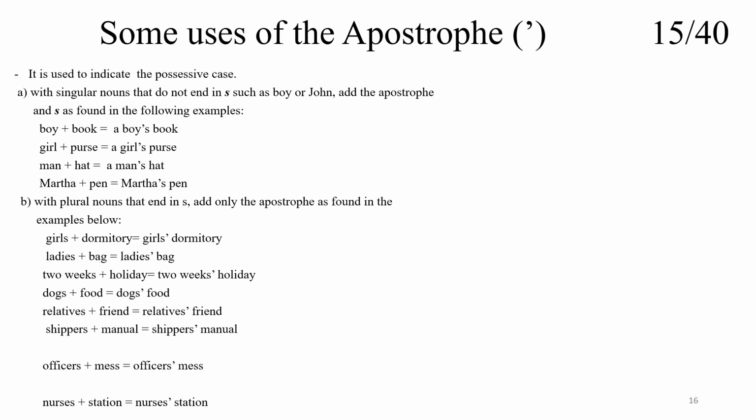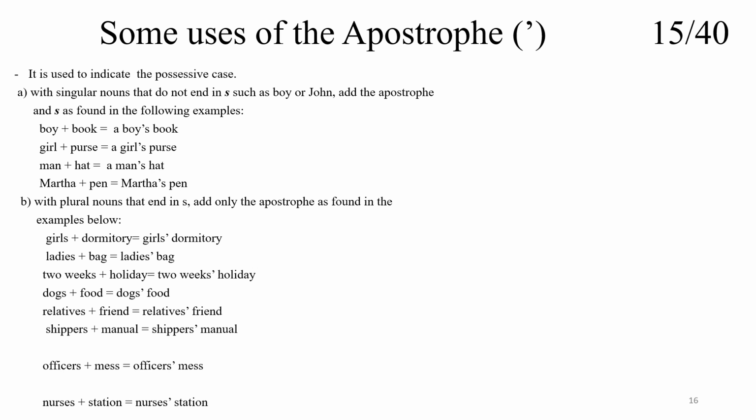Then we can also use the apostrophe with plural nouns that end in S. Where do we put the apostrophe? Maybe we have the plural form of the noun. They own something. How do we express it? This one, we will put the apostrophe after the last S. So look at girls plus dormitory.